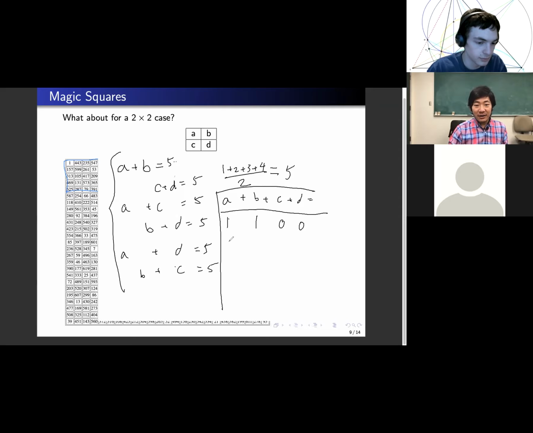And in the second equation, it would be 0, 0, 1, 1. And in the third equation, there's 1, 0, 1, 0. And the fourth equation is 1, 0, 1, and 0. And then a plus d would be 1, 0, 0, 1, and 0, 1, 1, 0. And then these are all equal to 5, so I'll just put 5s here.